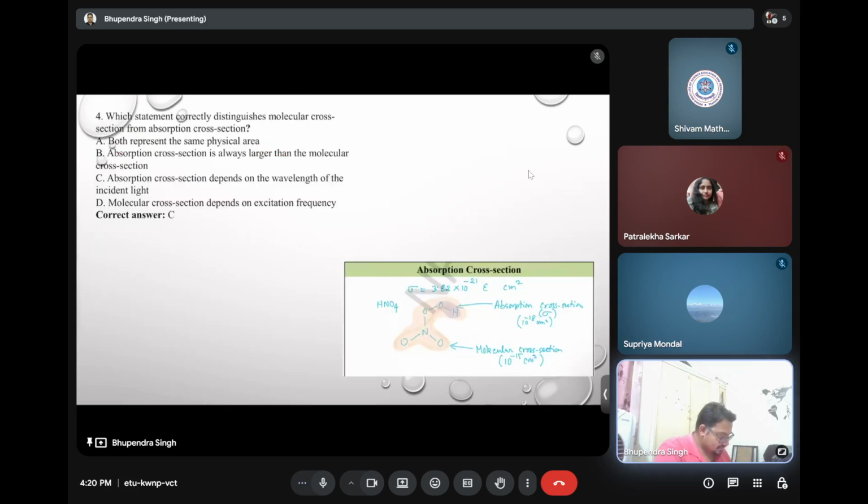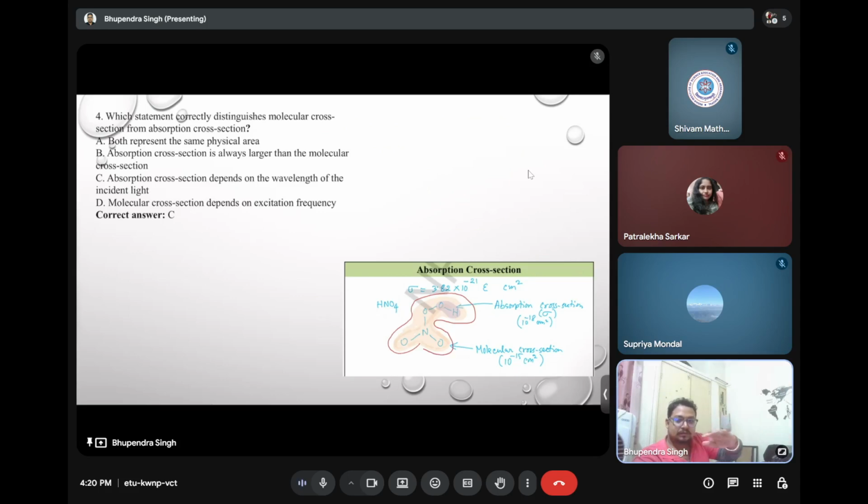Okay, see, this is how it looks actually. This is the HNO4 molecule, and this is the molecular cross section, the full molecule. Let's say this is a planar molecule.